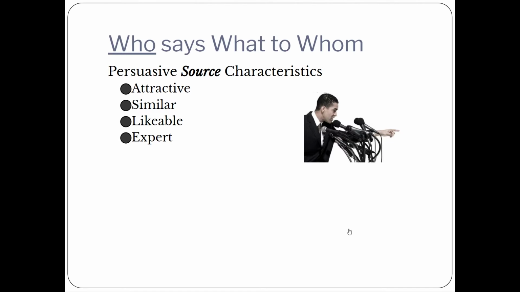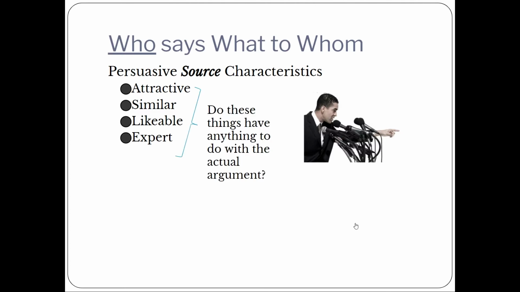We're more likely to listen to them. So these all make sense, right? If we feel like they're similar to us, we're more likely to listen to them. If they're likable, if they're an expert about it, we're also more likely to respect their authority on the matter.